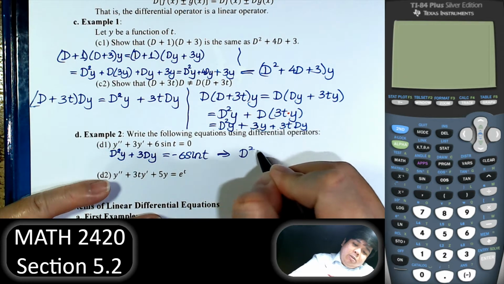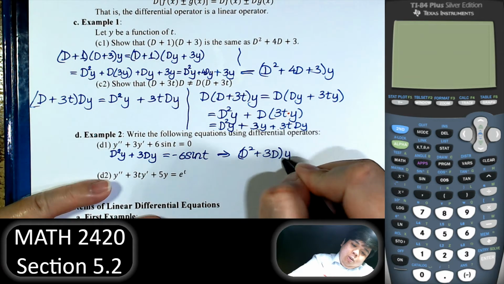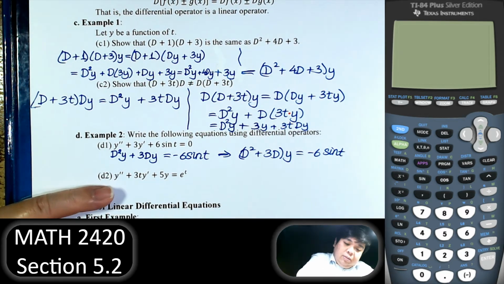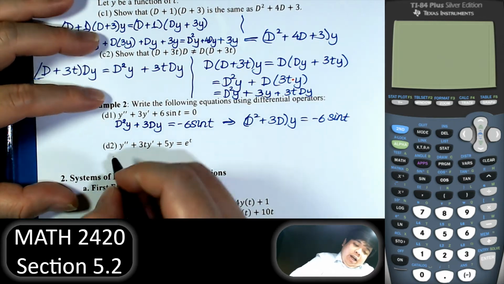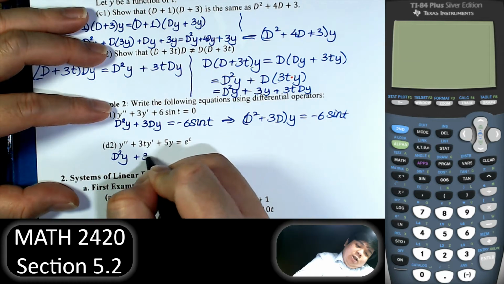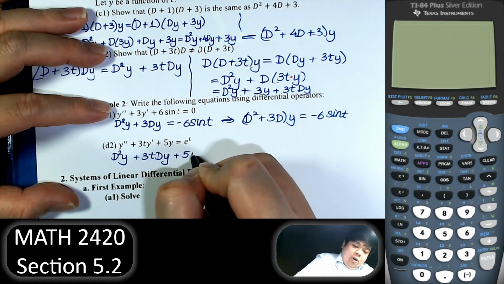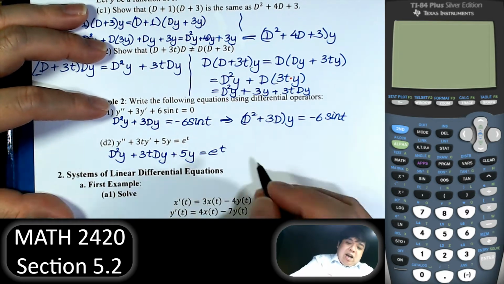We have (D squared plus 3D) y equal to negative 6 sine t. And then here we have the second derivative, 3t times the first derivative, 5y equal to e to the t. And then of course we can factor out y.